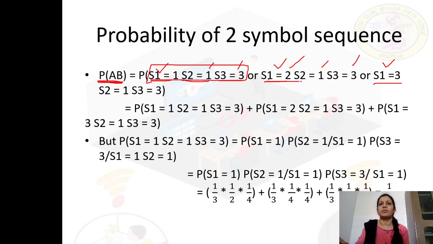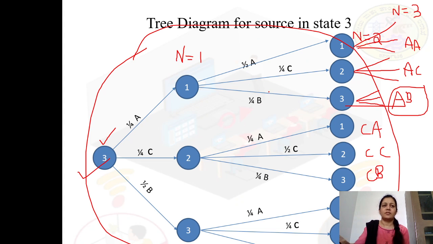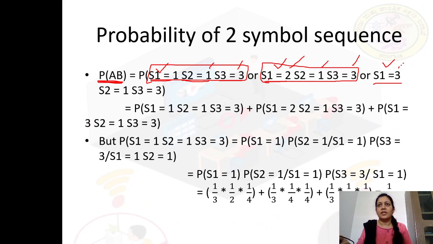This is another possibility of getting the sequence AB, right? And come to the third state as the initial state. You can see that 3, 1, 3. So transition from 3 to 1, 1 to 3 will give us AB. So remember 3, 1, 3. This will also give us the sequence AB.